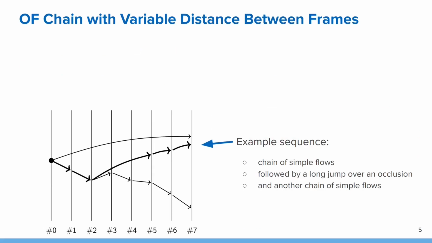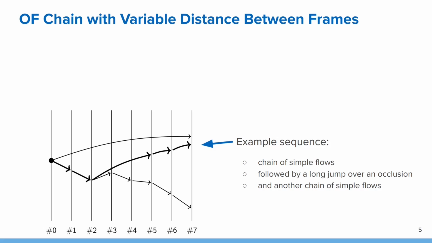Apart from the simple chain of optical flows and the direct matching, there are other possibilities. For example, the target point could be tracked by a simple chain for 2 frames, followed by an optical flow from frame 2 directly to frame 5, and finally by another simple chain to the current frame number 7.